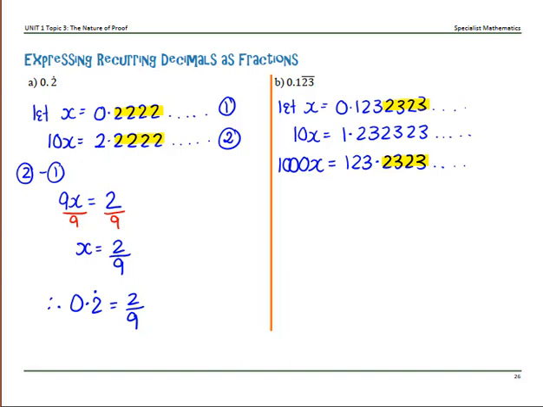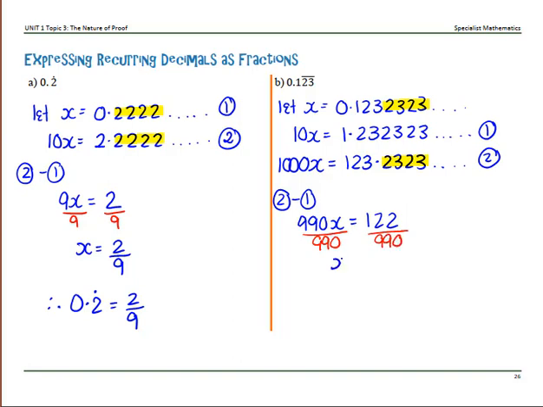So now if I have equation 1 and equation 2, and I go 2 minus 1, 1000x minus 10x is 990x. And on the right-hand side, I have 123.2323 minus 1.2323. So I'm left with 123 minus 1, which is 122. Divide both sides by 990.